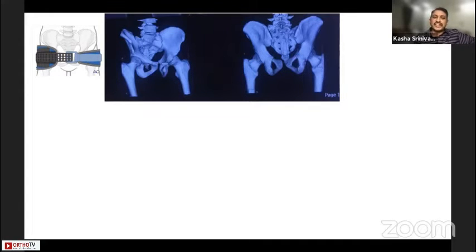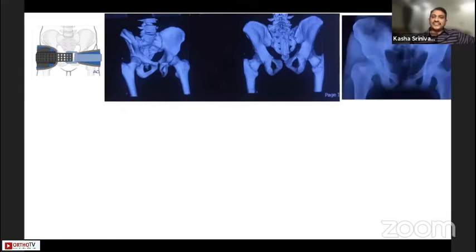This is one particular case of a 40-year-old man. This is a CT scan. Most of the time the CT scan is done outside and they come back to the tertiary referral. If you see the X-ray, the initial X-ray shows an open pelvis, whereas the CT scan shows almost normal.